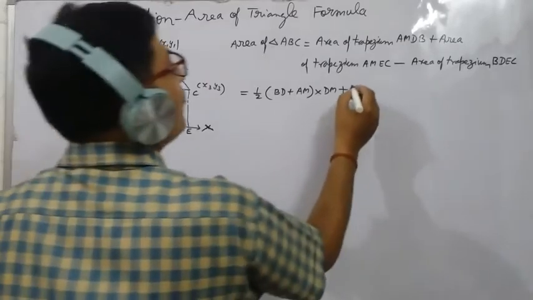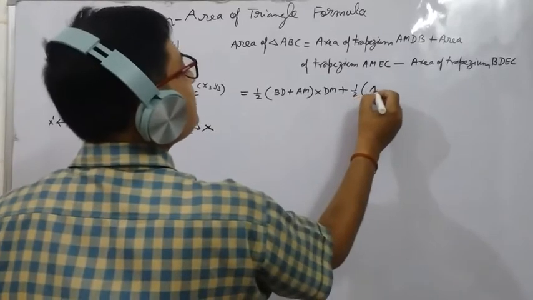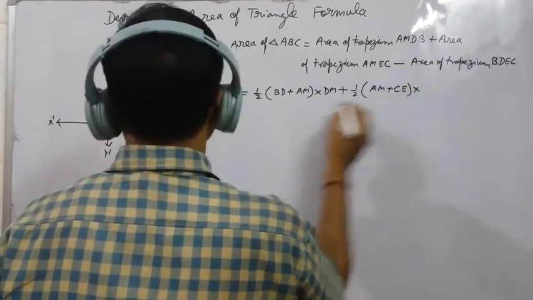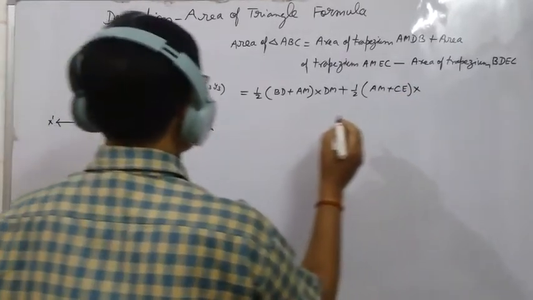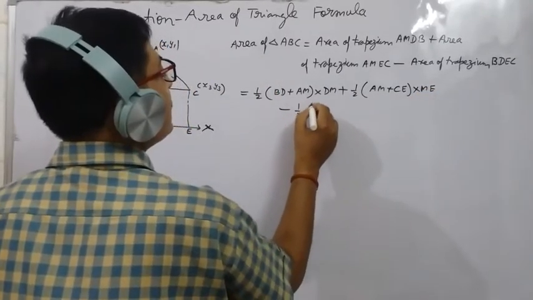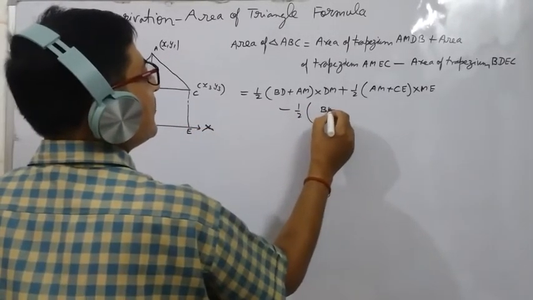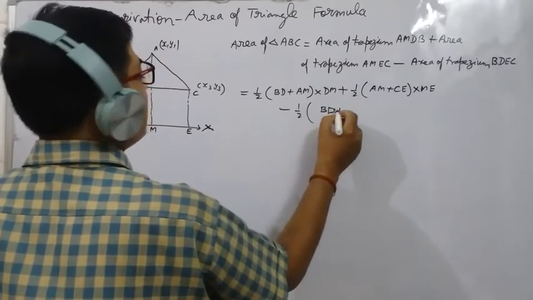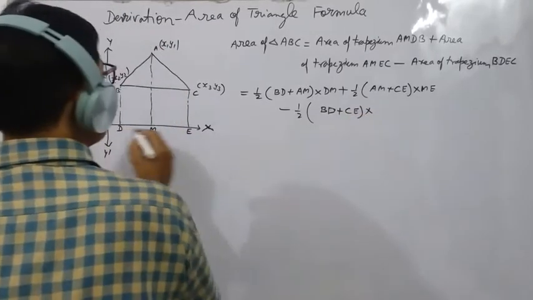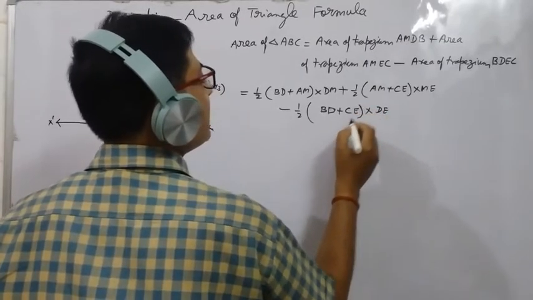Plus 1 by 2 sum of parallel sides for the trapezium AMEC, AM plus CE, into the perpendicular ME. Minus 1 by 2 sum of parallel sides BD plus CE, into the height DE, the line making the 90-degree angle.